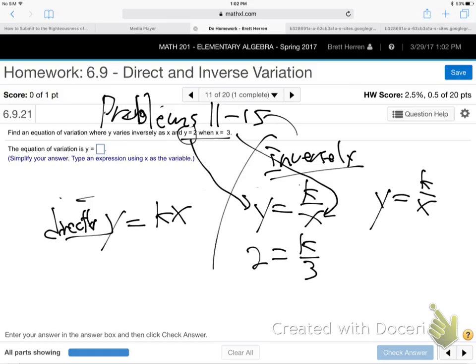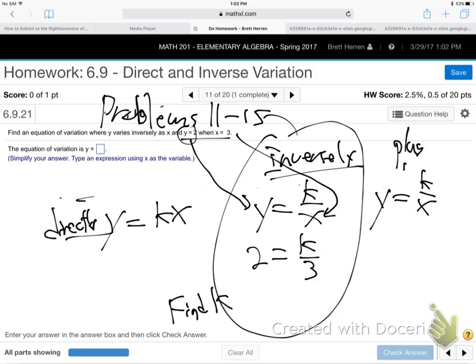Remember, this section is all about finding k, and then this section is plug in k. So how do you solve this for k? K over 3 times 3 is equal to 2 times 3. Everybody good there? You got to multiply both sides by 3 because that'll cancel it and get k alone.